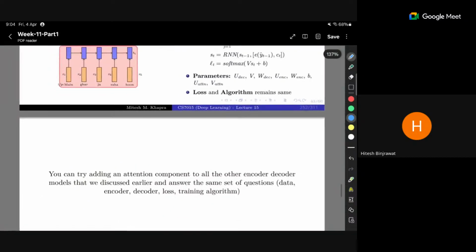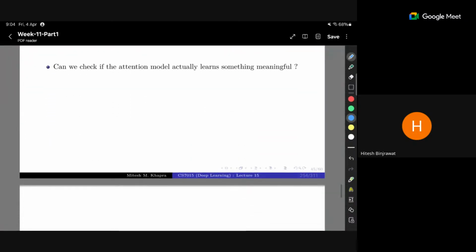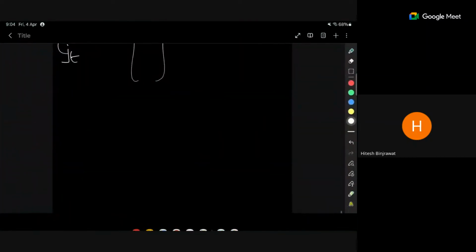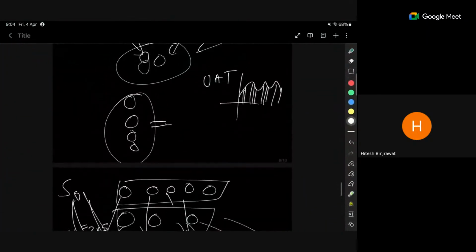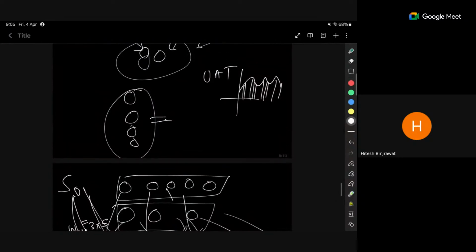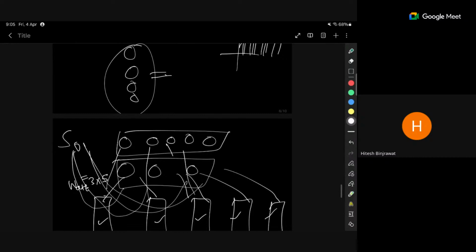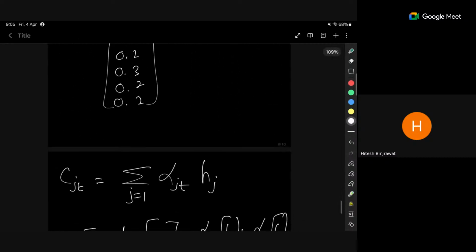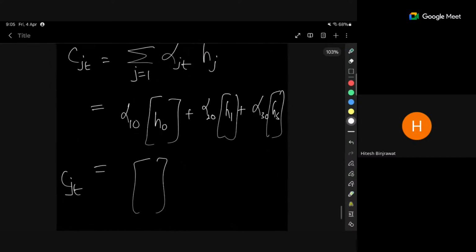So that's all I have. If you have any doubt about attention, you can ask. This attention is another neural network. It will produce an output vector that you have to multiply like this.